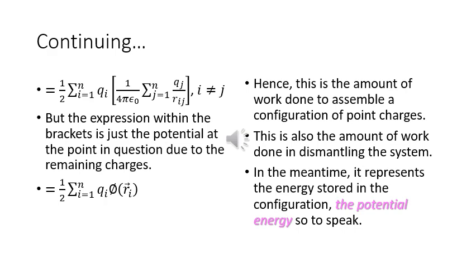So we can write this expression as half summation i going from 1 to n qi phi at ri. Hence, this is the amount of work done to assemble a configuration of point charges. This is also the amount of work done in dismantling the system. In the meantime, it represents the energy stored in the configuration, the potential energy, so to speak.